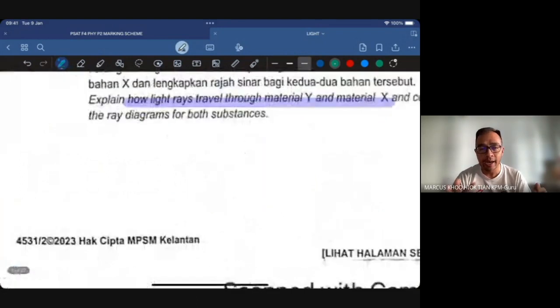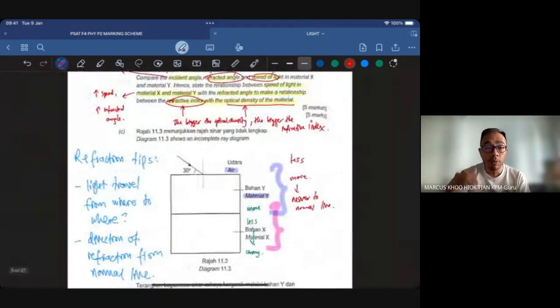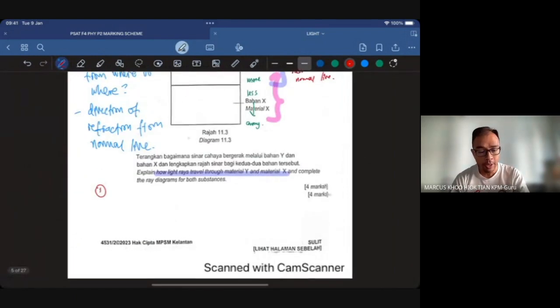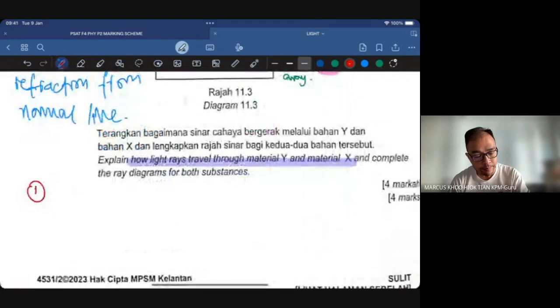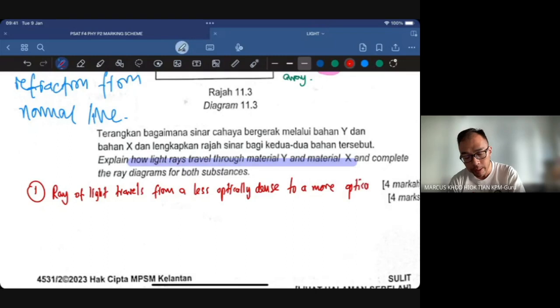So I know how to write it in a proper sentence. Point number 1, red color, have this in mind. Point number 1 is less to more, so it's going to go nearer to the normal line. So the ray of light travels from a less optically dense to a more optically dense material.